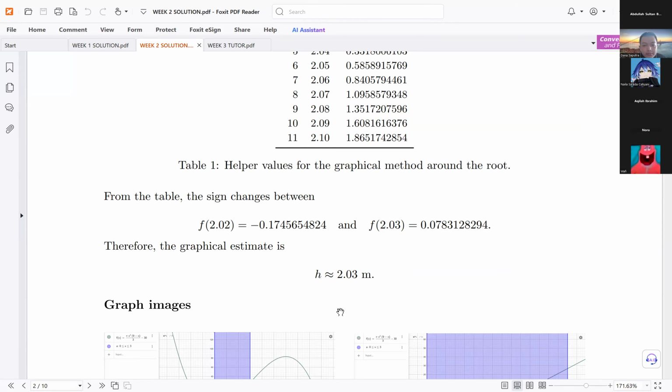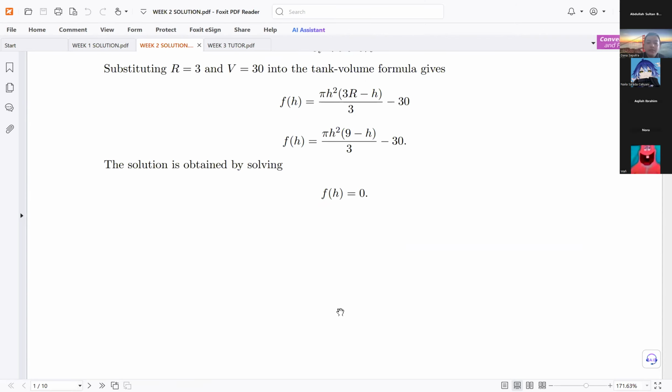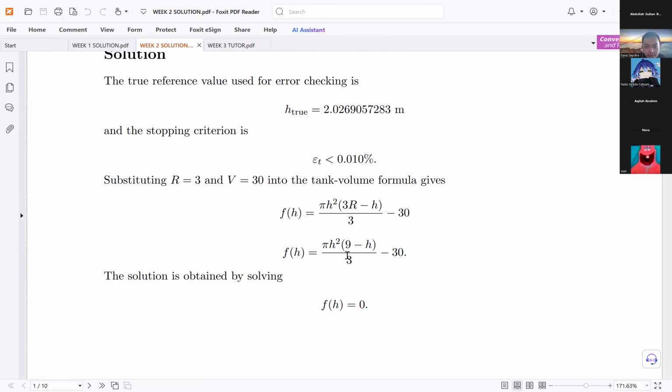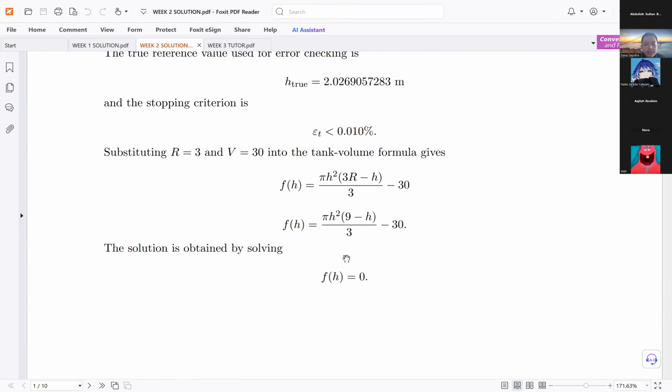But I know maybe for the first quiz you couldn't use the software, because I think it's hard for you guys to draw the formula when there's a pi inside. But for the first quiz, the formula is not as hard as this.